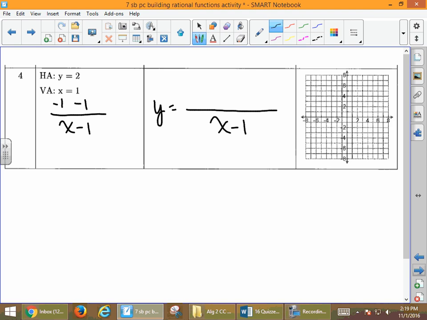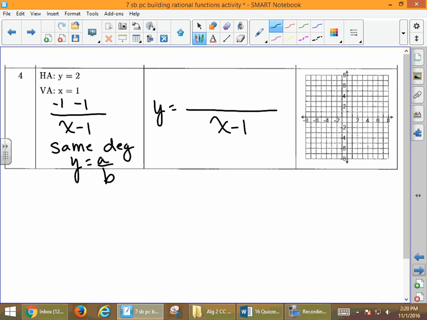Because we have y equals some number, that means we're going to have the same degree. Ultimately, we need to end up with y equals a divided by b. That's how we would calculate the value of y equals 2.